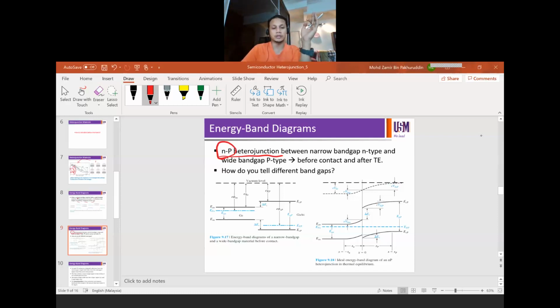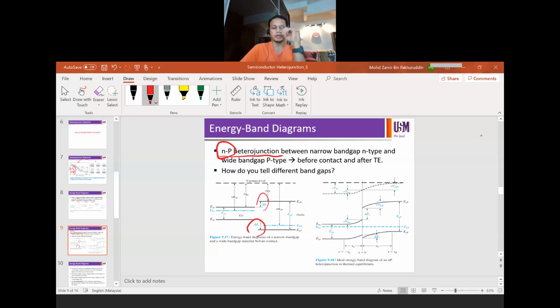Draw your E naught vacuum level, and then draw your material's band gap, EC, EV and so on. Work function, electron affinity, EC, EV, what else? EF, yes. Then your EG as well. Then you can also label the difference as delta EC and delta EV, right? Narrow band gap and wide band gap.